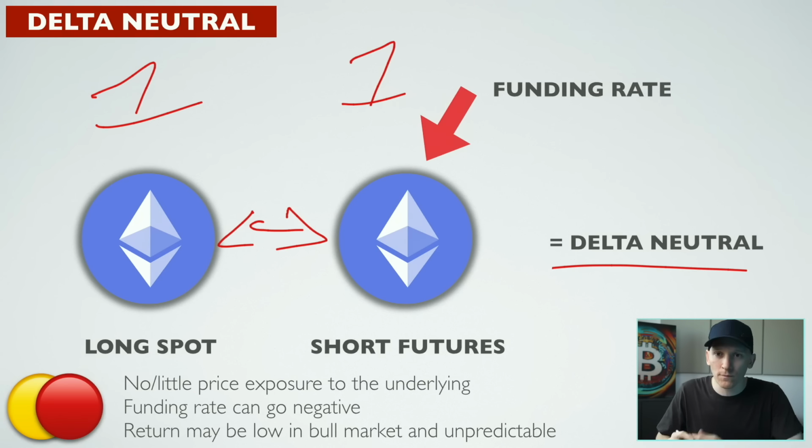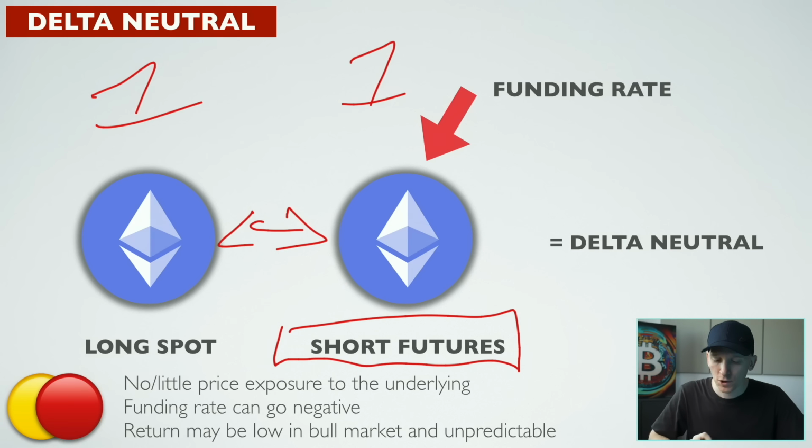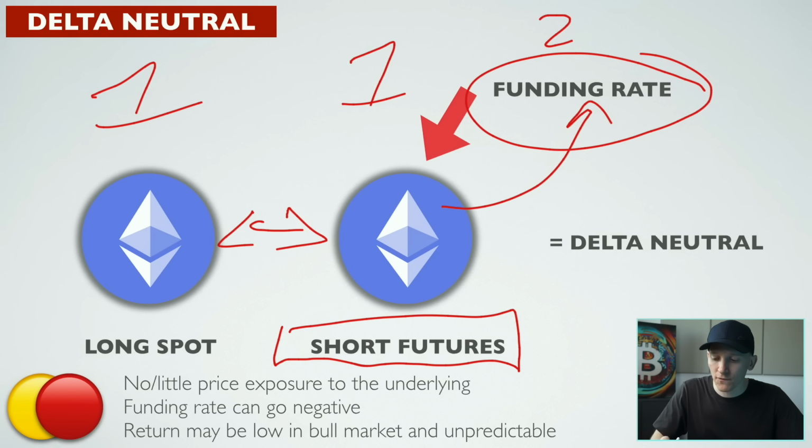So that's delta neutral, meaning that whichever way the price moves, the profit and the loss on each side of the trade will cancel each other out. But the short position should hopefully be in a positive funding rate environment, earning the funding rate. And whatever that may be, if it's 2% or 10%, that is the yield and the arbitrage that we're taking out of the funding rate trade.